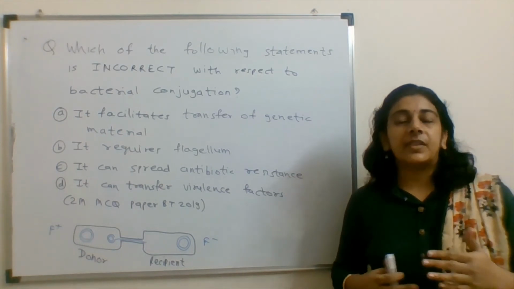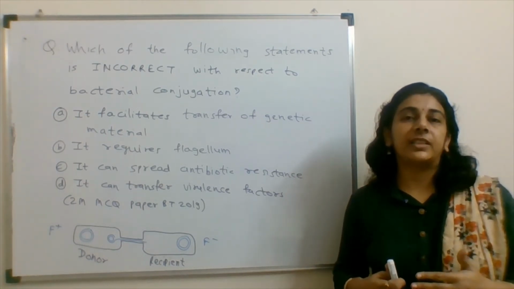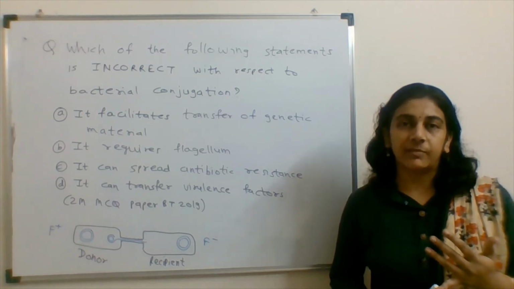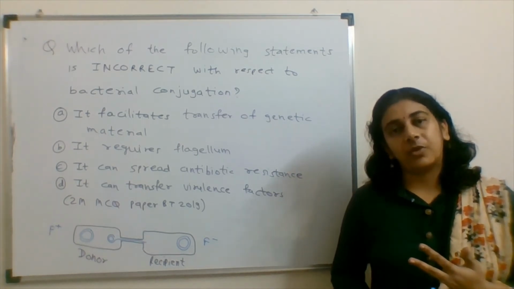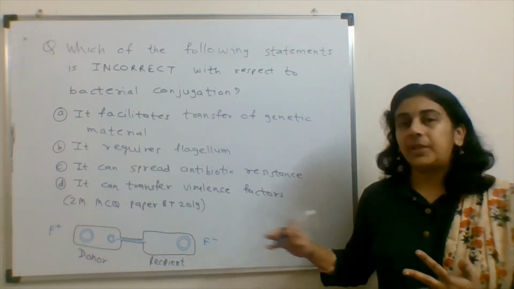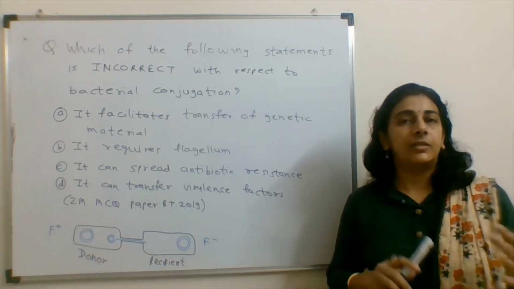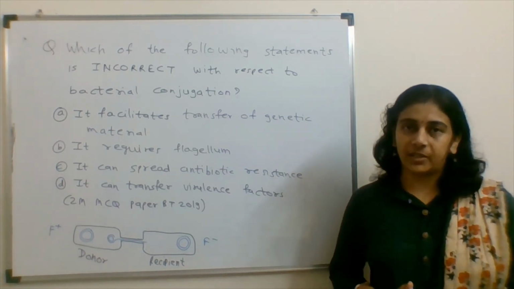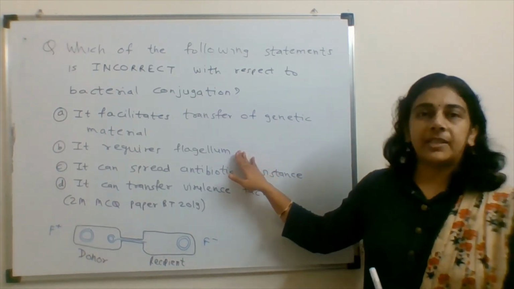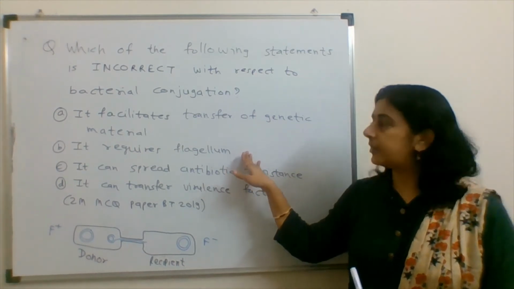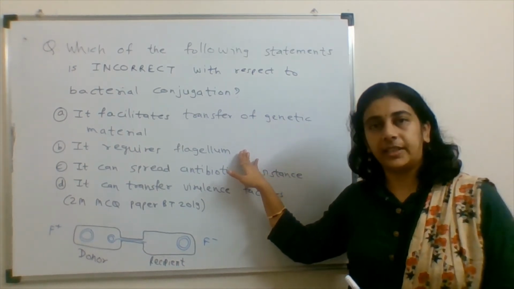So don't get confused between these three. Cilia is for attachment, flagellum is for locomotion, and pili is for the formation of the conjugation bridge. So we are finding this statement incorrect.